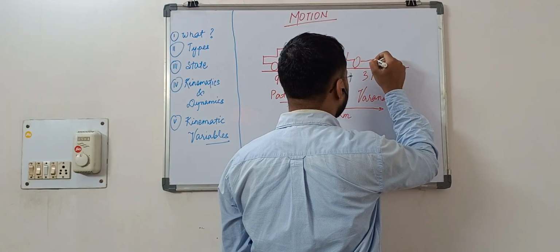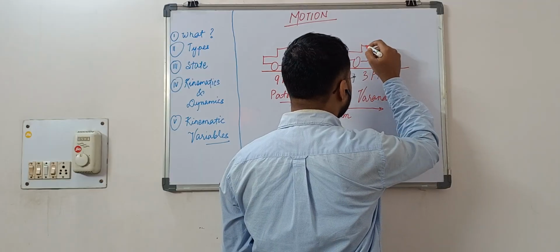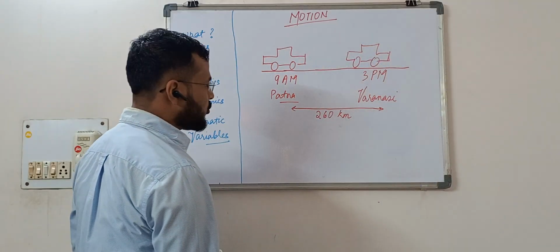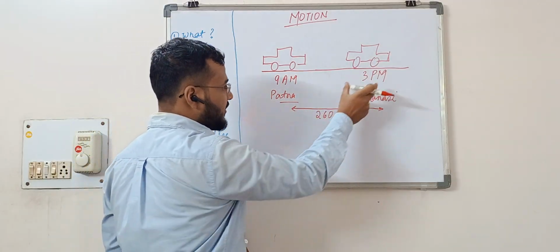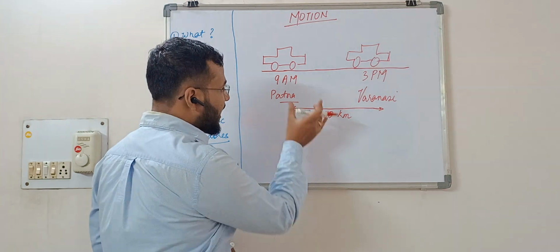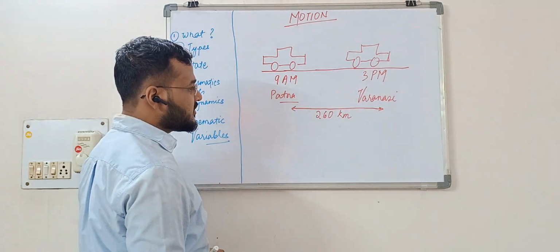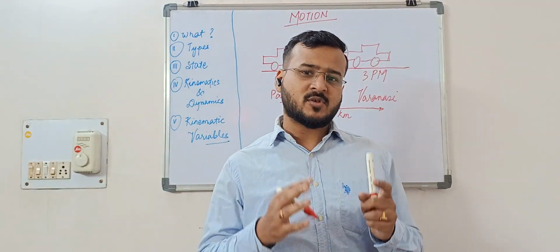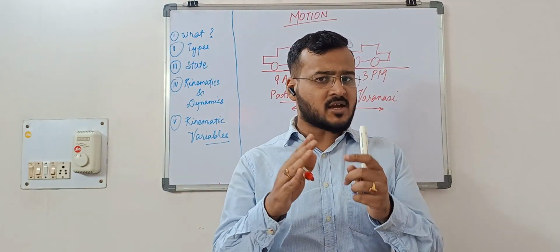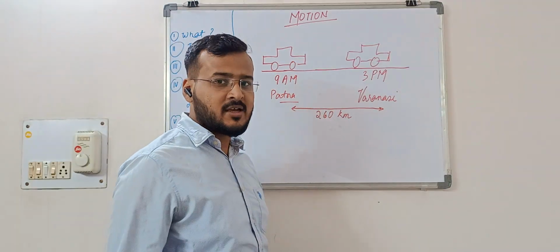So we can say that the car has changed its position. It was at Patna at 9 a.m. and it reached Varanasi at 3 p.m. So the time taken for it to cover 260 kilometers was around 6 hours, right? So we can say there was a change in position in some time duration, that is 6 hours.